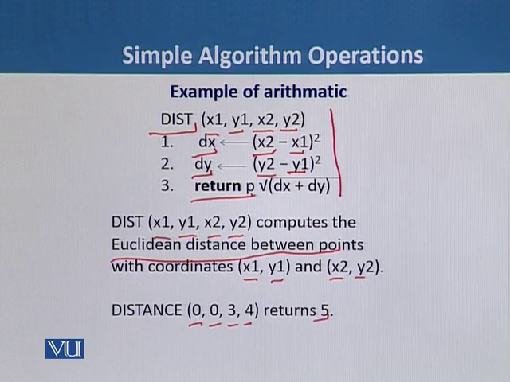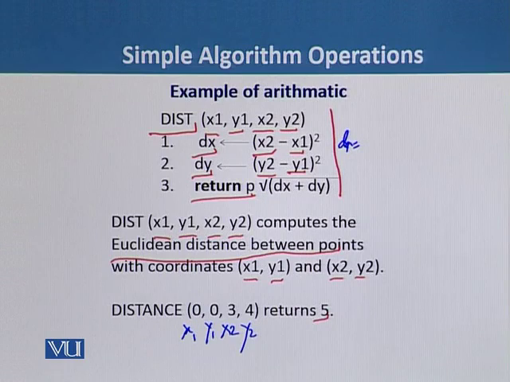So in this case, this 0 we consider as x1, this 0 is y1, this 3 is x2, and this 4 is y2. And if we calculate by using this distance algorithm, we have to calculate the dx value.